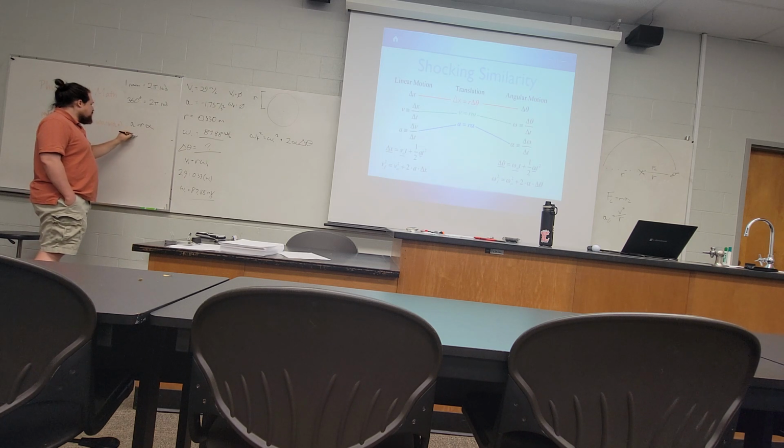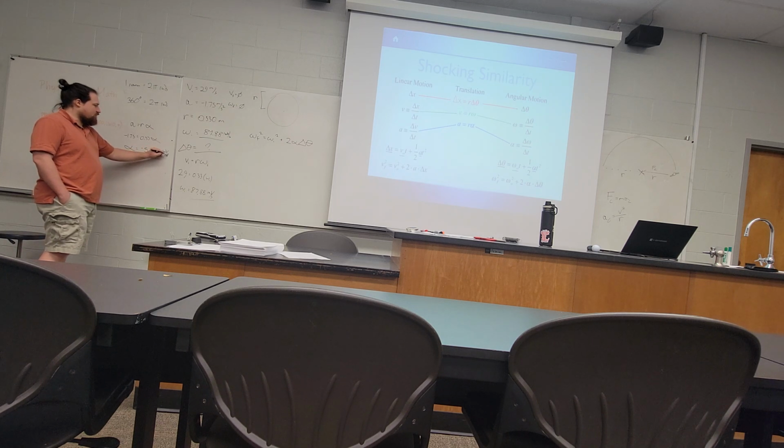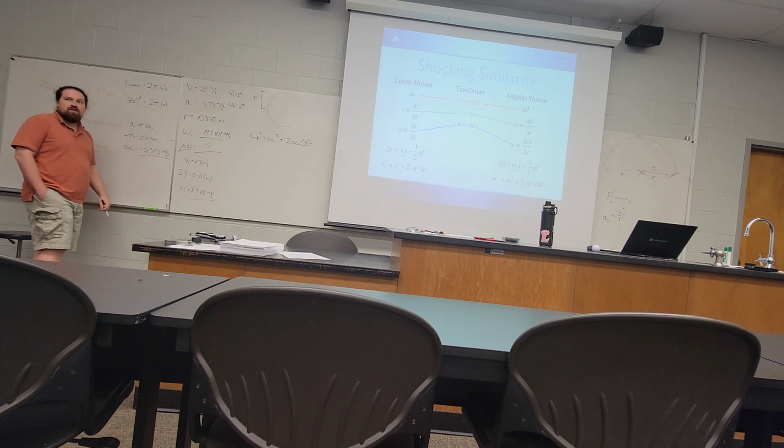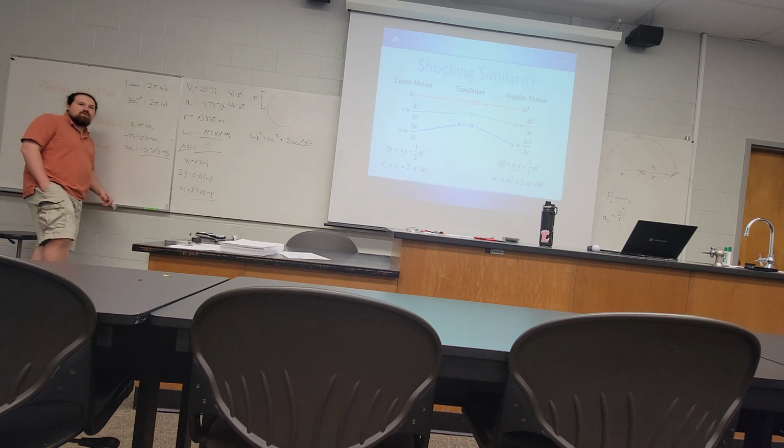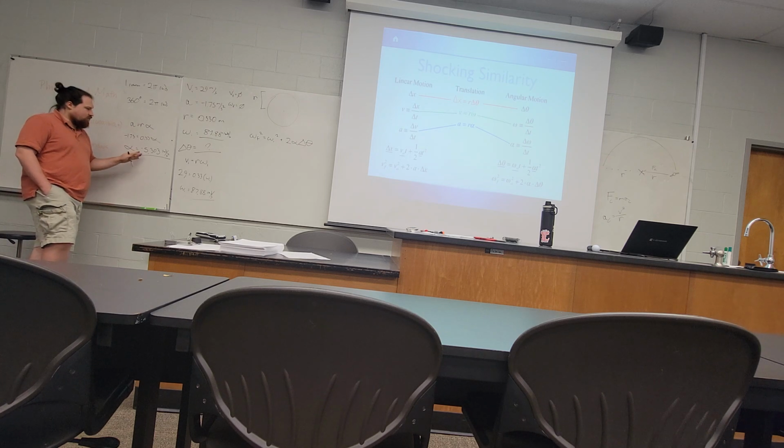Negative 1.75 is going to equal 0.33 times alpha. Alpha, if memory serves, should be about negative 5.303, and the units on that are rad per second squared. It's the same as normal acceleration, but with radians instead of meters. This represents the rate of change of the wheel's rotation over time.